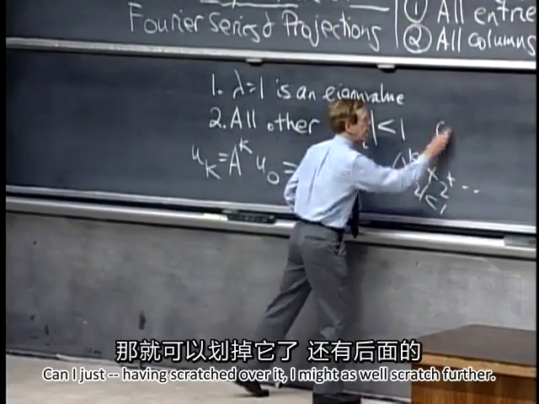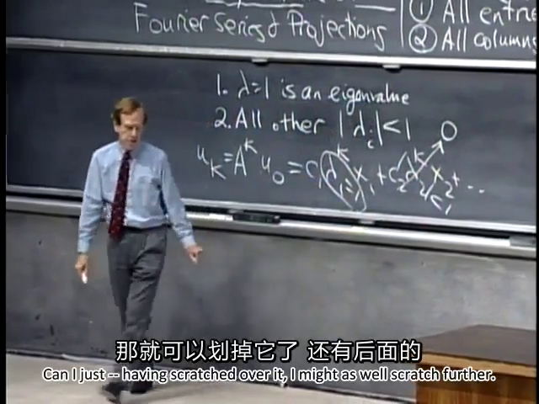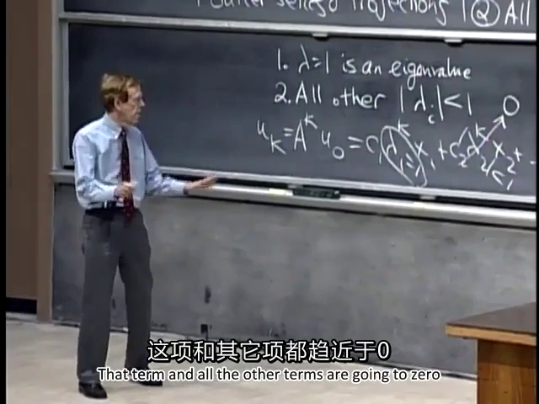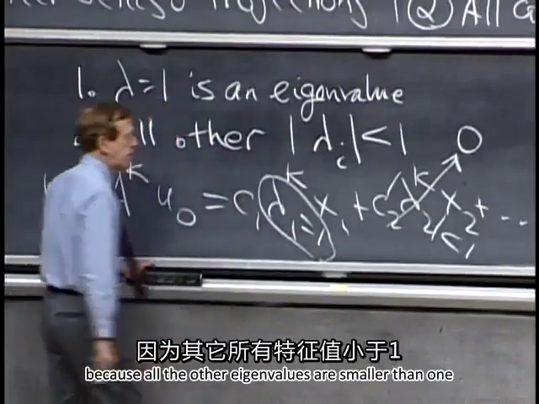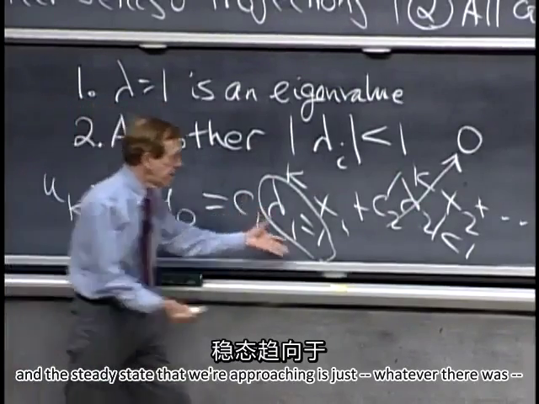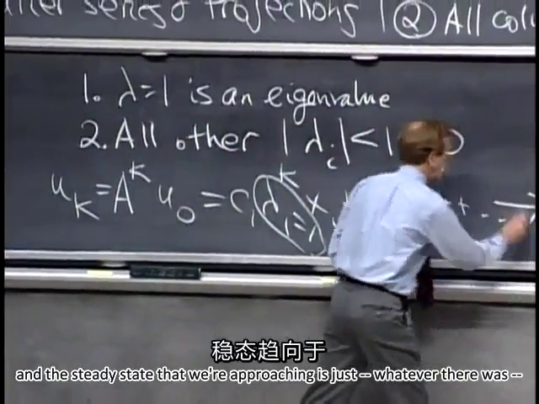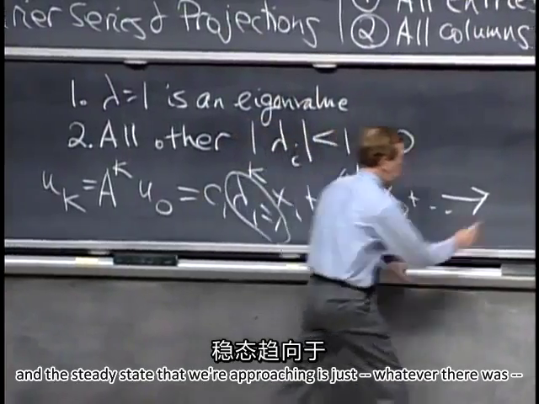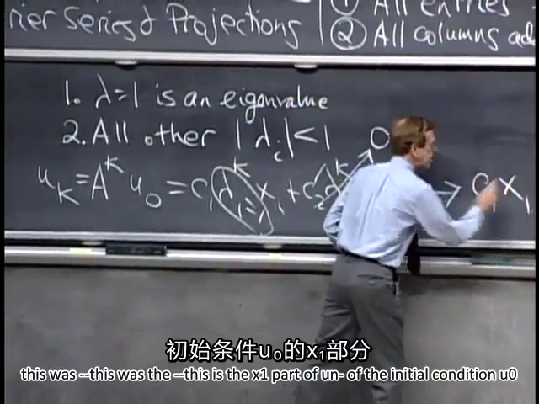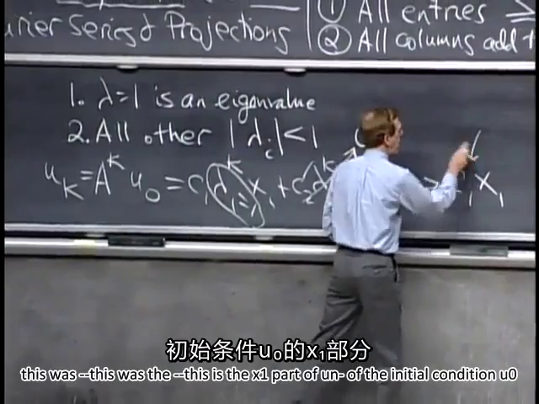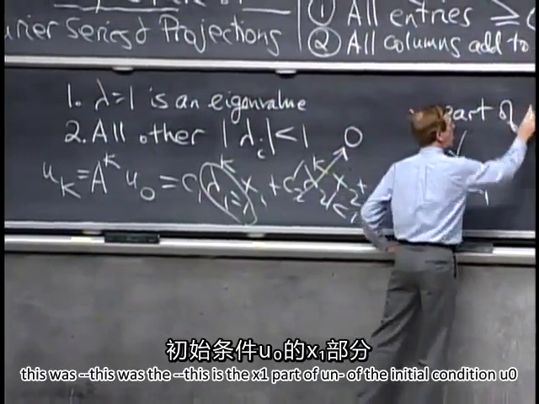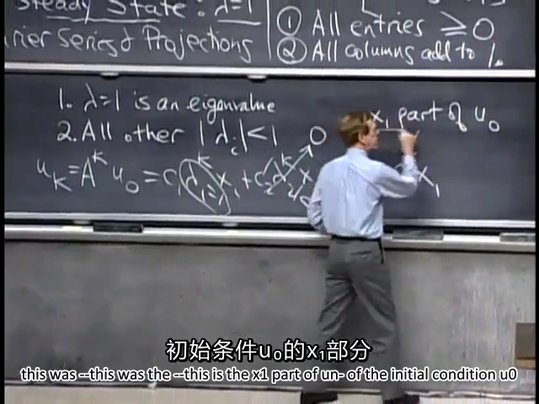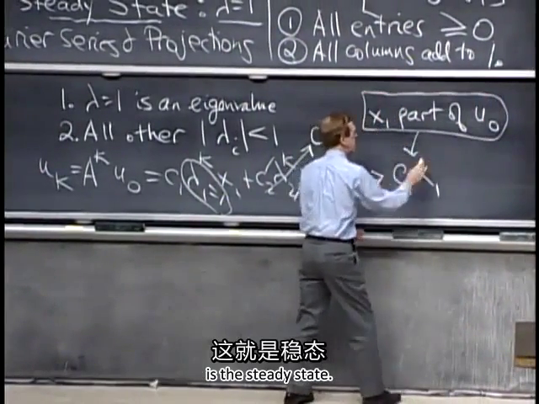Having scratched over it, I might as well scratch further. That term and all the other terms are going to 0 because all the other eigenvalues are smaller than 1. And the steady state that we're approaching is just whatever there was. This is the x1 part of the initial condition u0 is the steady state.